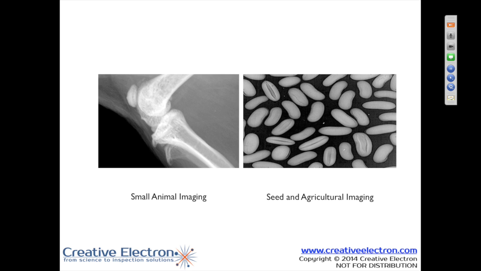A big one is seeds. If you get a mill that makes, say, flour for cereal, they'll have a train car pull up full of, say, wheat seeds. They will take a measured amount of wheat seeds, x-ray them, and give you a percentage of infestation in the wheat seeds.